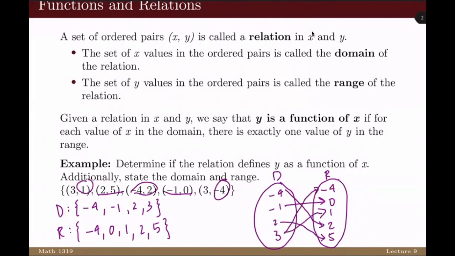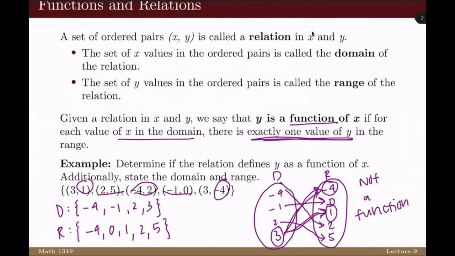So then if we go back and we look at the definition of a function, it says it's a function if for every x there's exactly one value of y. However, looking at this, 3 is assigned to two different y values, a -4 and a 1. So this would not be a function. All right.